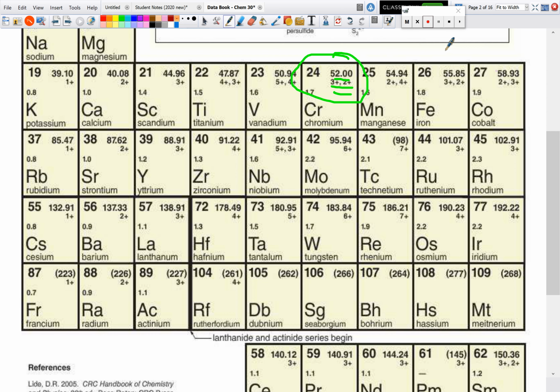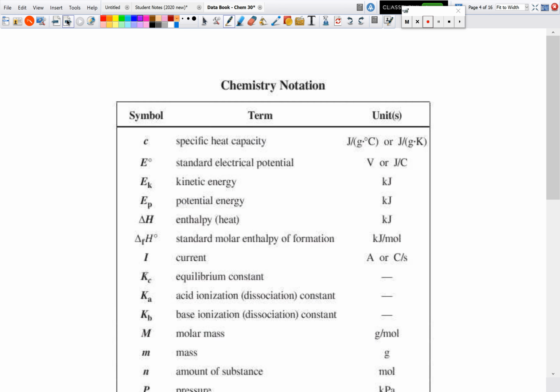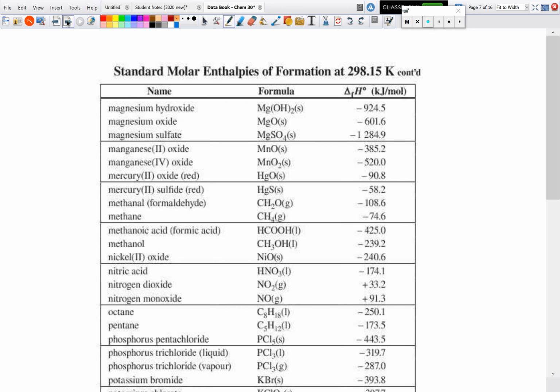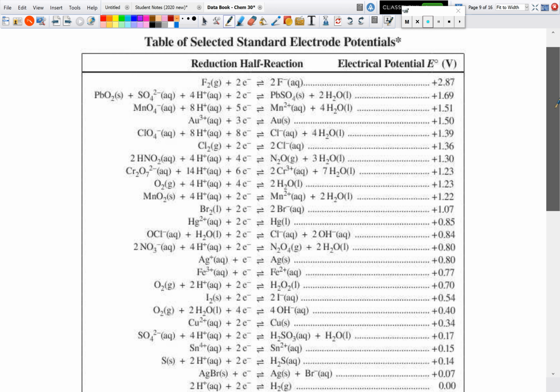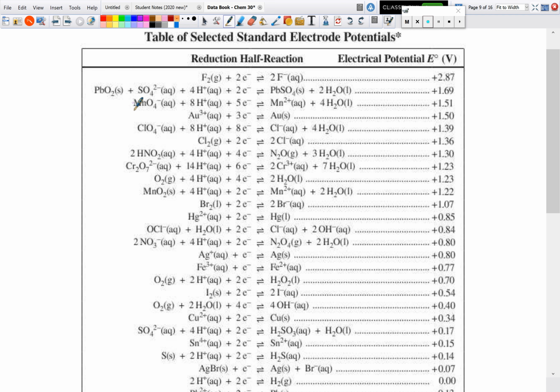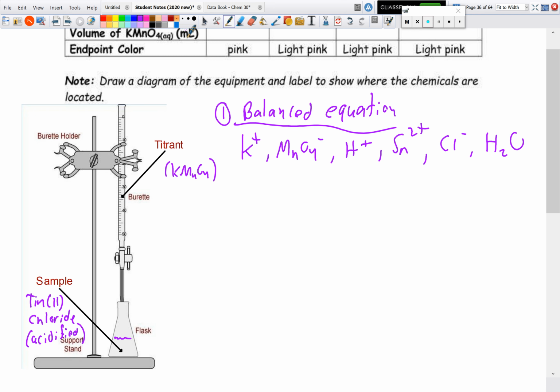Now, in the original approach we labeled everything as oxidizing agent or reducing agent. You can do that, or you can do the quick route, and that is to start at the top left to find your strongest oxidizing agent. You'll notice right here we see acidified permanganate. Awesome. Obviously, this is going to be my strongest oxidizing agent. So I can highlight it in the notes and write out my half reaction like this.